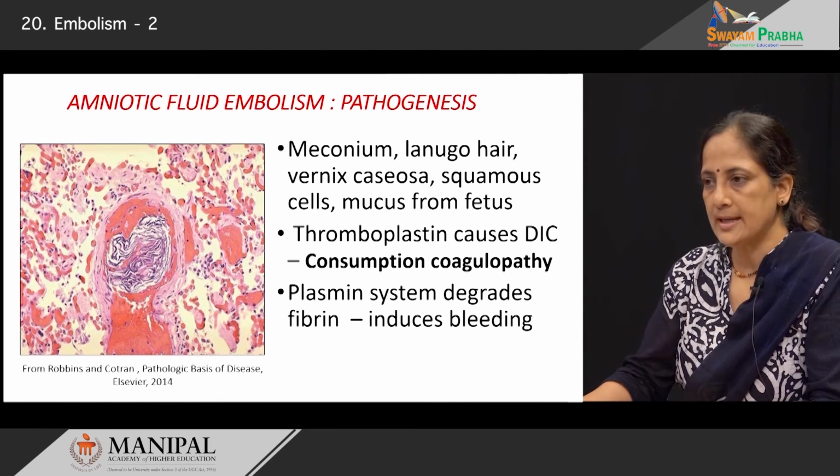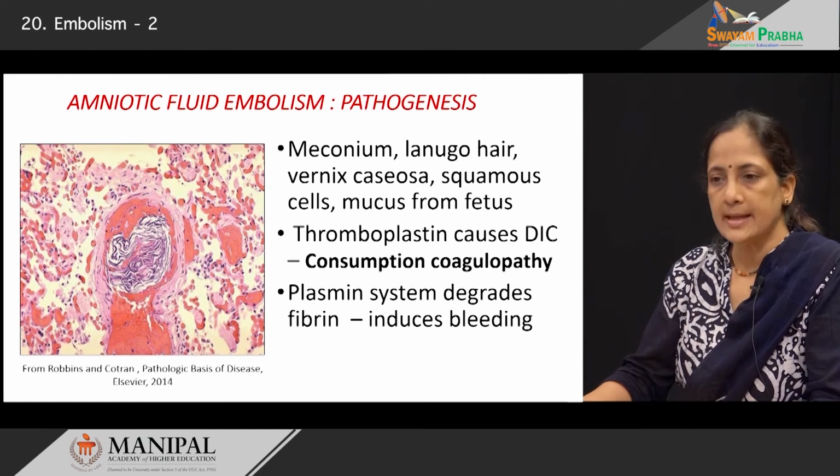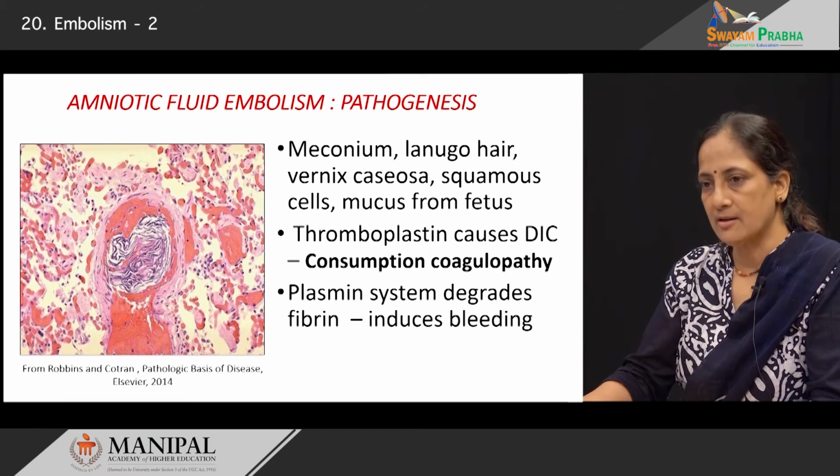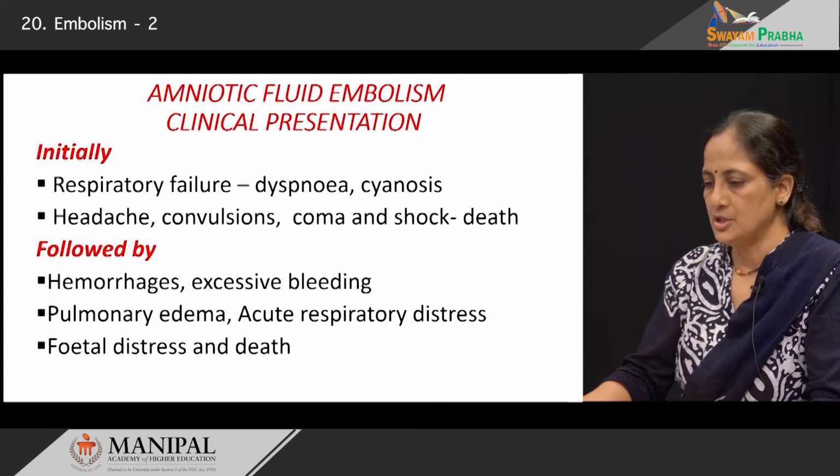This is also known as consumption coagulopathy, as all the coagulation factors and the platelets in the maternal circulation are utilized for these thrombi, resulting in a deficiency elsewhere. The plasmin system gets activated. It induces breakage of these thrombi that are formed in circulation and in turn precipitates bleeding in all the tissues.